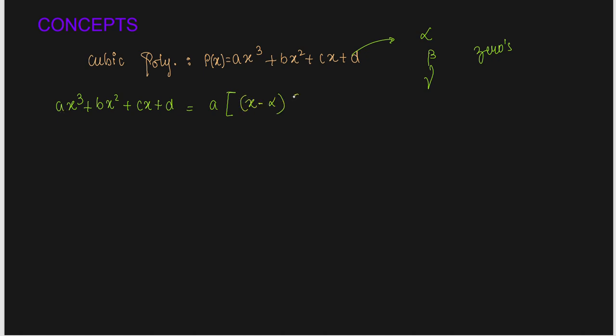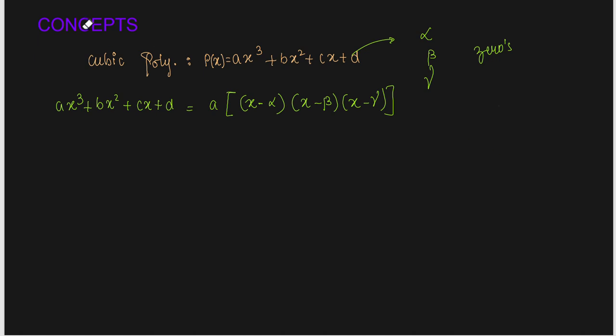Then I'll have x minus alpha, x minus beta, x minus gamma. Why so? Because if alpha, beta, gamma are the zeros, then they can be written in their factor form like this, isn't it? Thereby, whenever you factorize any polynomial p(x), you write it as x minus something and x minus something. This is the factored form.